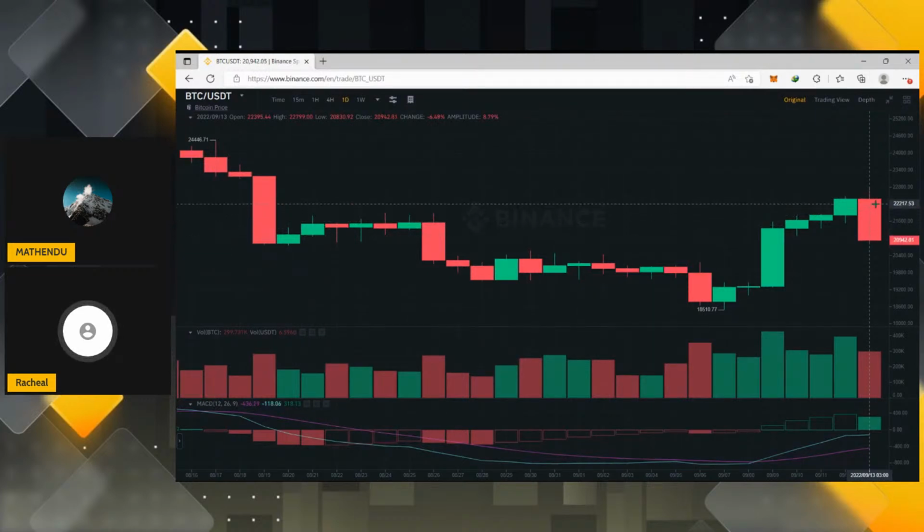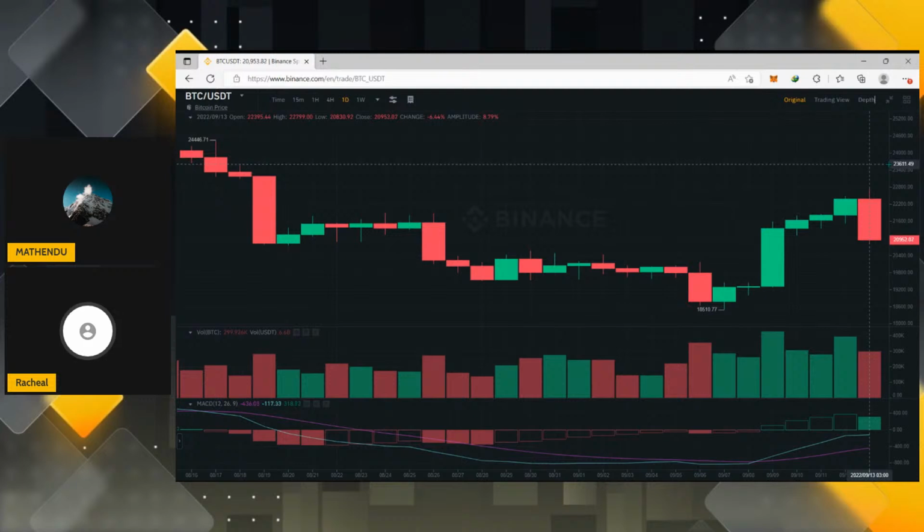The bigger, bold part of the candle is called the body. Most of the candles have thin lines at the top and at the bottom. Those are called the wick. So we have the body and we have the wick.